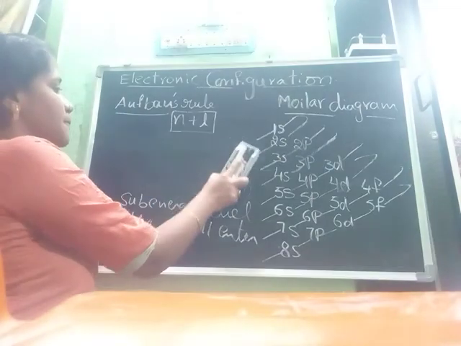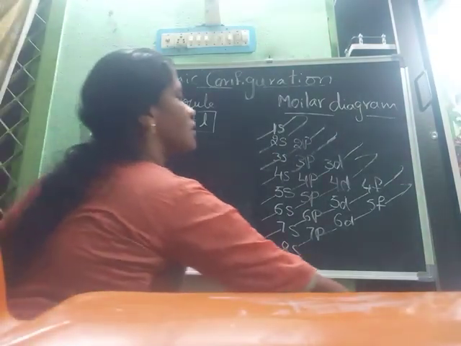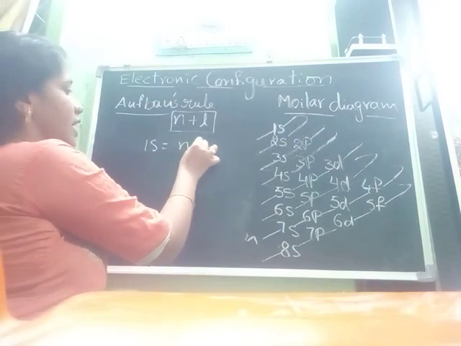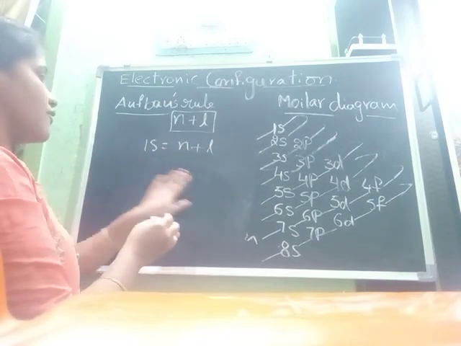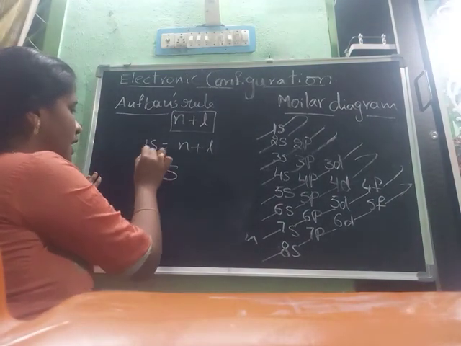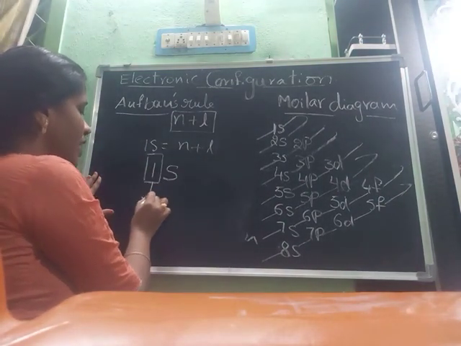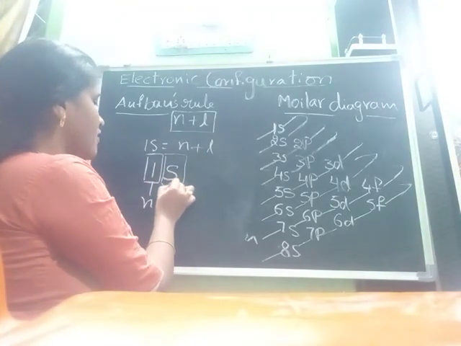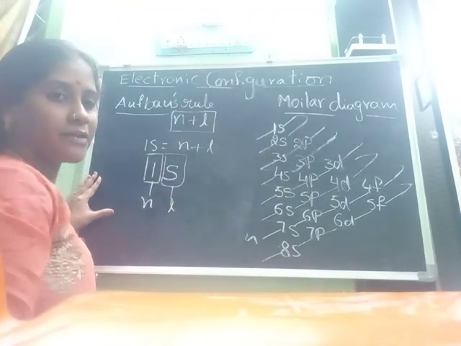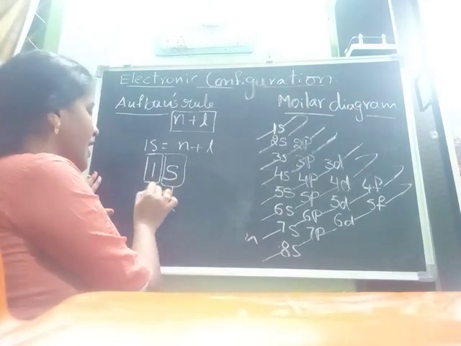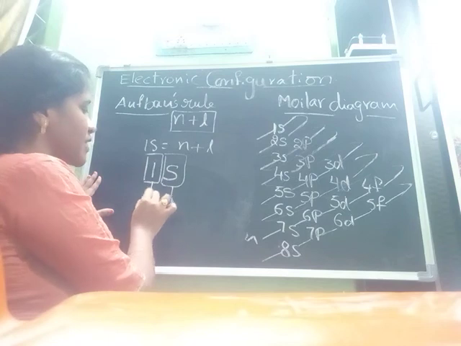Okay, now you see 1s, n plus l value. What is the n plus l value of 1s? 1s is there, no. 1 you have to take as the n value, the principal quantum number, and s you take as the l value, the azimuthal quantum number.